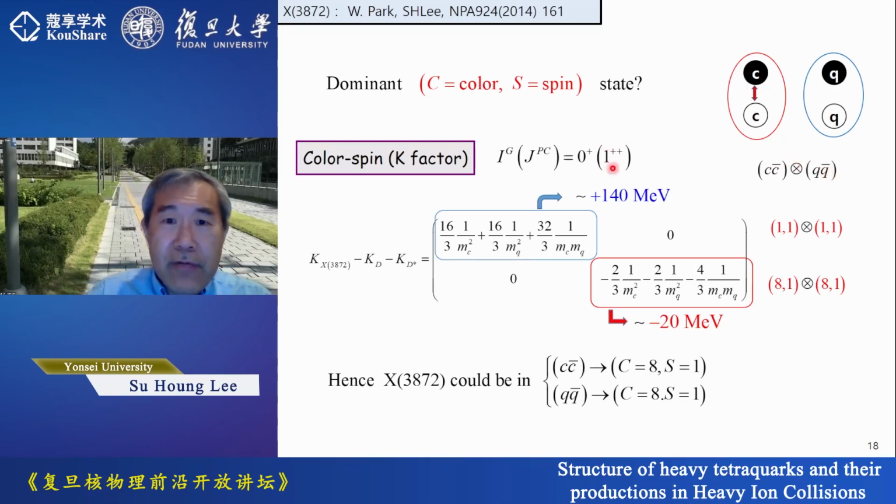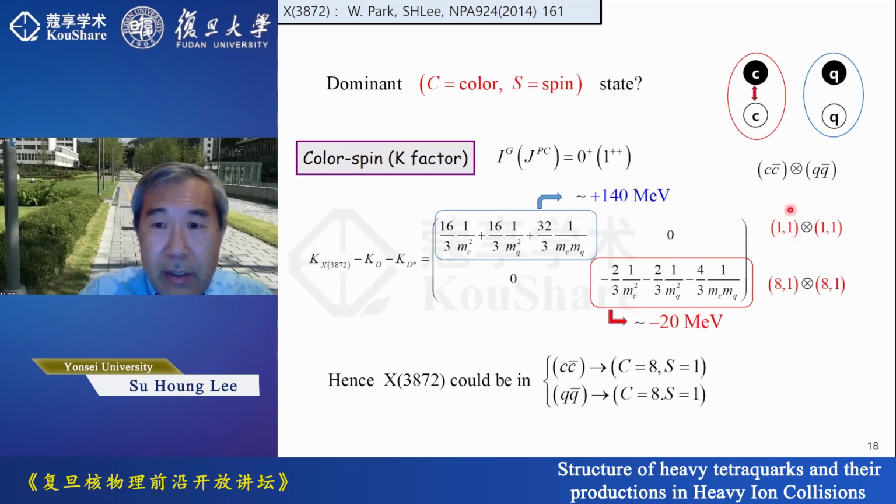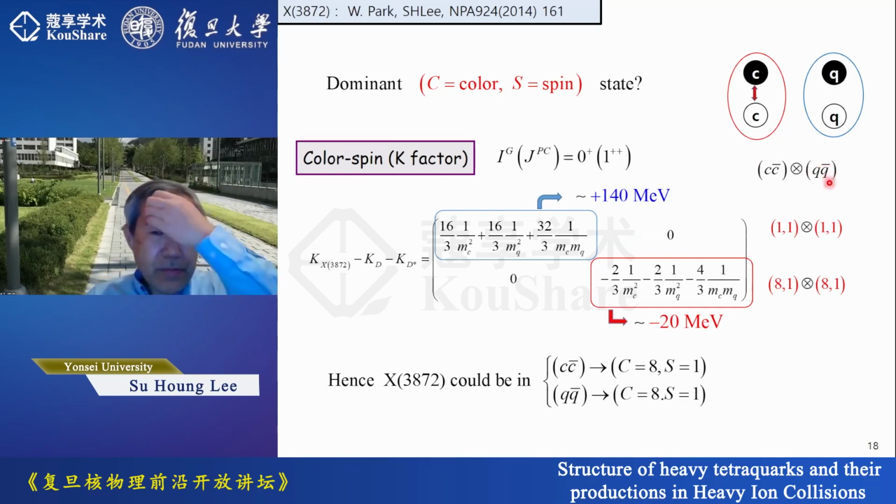Now, in order to have this charge conjugation plus state, you have to have either this is color and spin. So the first number is color. This is color singlet and spin 1, and this is color singlet, spin 1. So you have to have color singlet, spin 1, color singlet, spin 1.